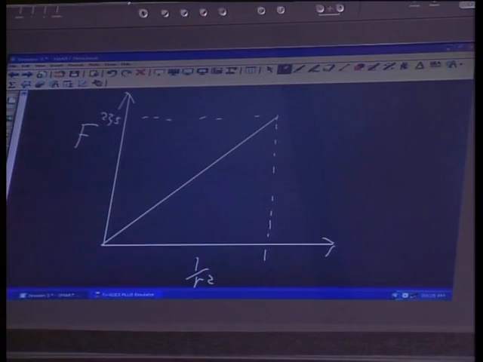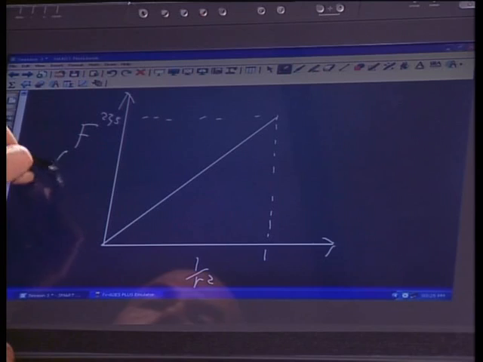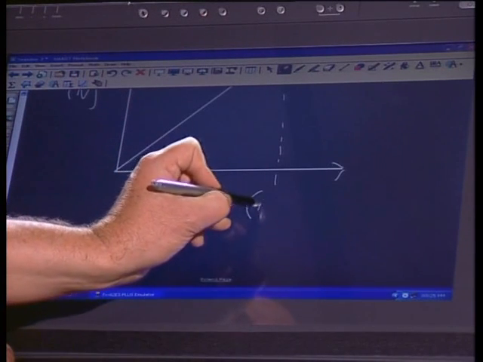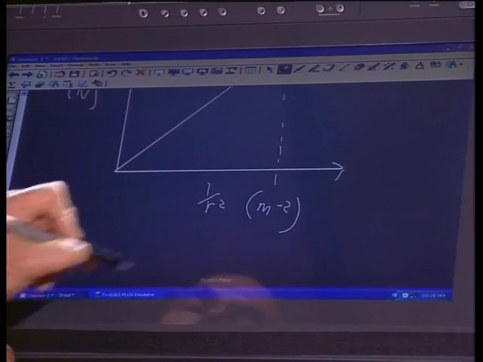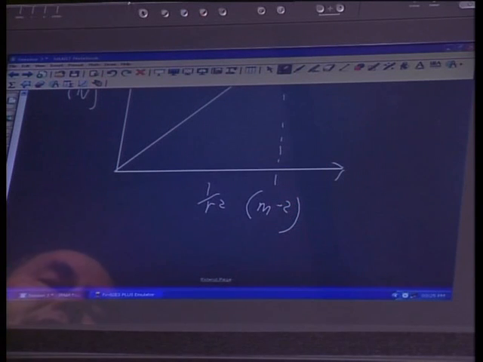And that will give us a nice sketch graph in terms of having the axes. We should really say force in newtons and 1 over r squared in units of per meter squared.